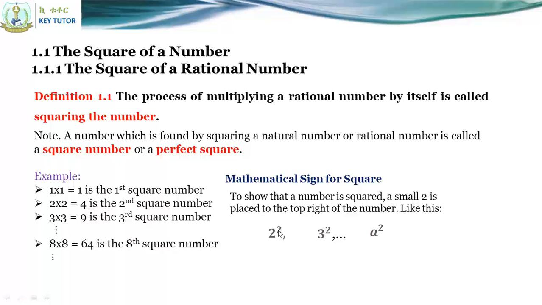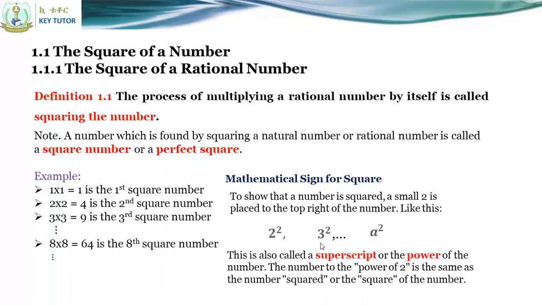So here the superscript 2 tells us that this number 2 is squared. The superscript 2 here tells us this 3 is squared. Here also, in general, a squared with a superscript 2 tells us a is squared.